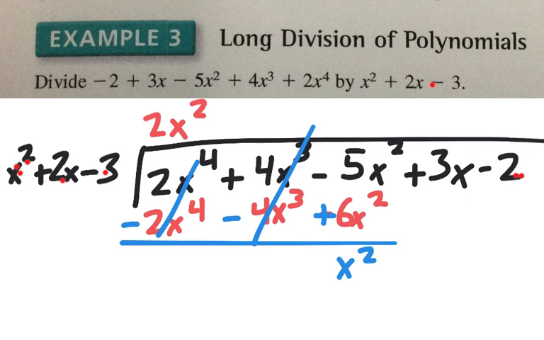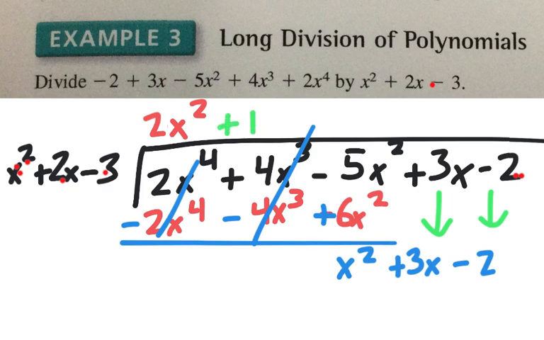And I'm going to bring down my next 2 terms. So I have a positive 3x minus 2. And so now we do it again. What times x squared is x squared? That's going to be a positive 1.